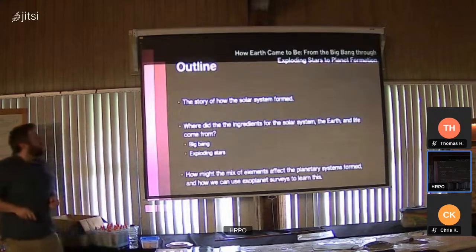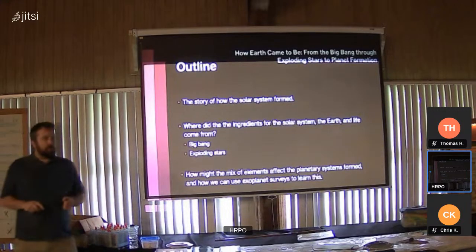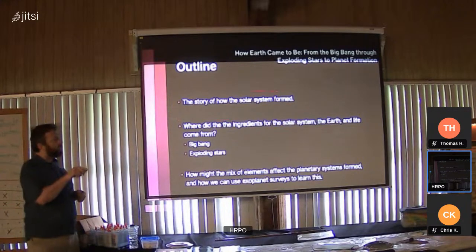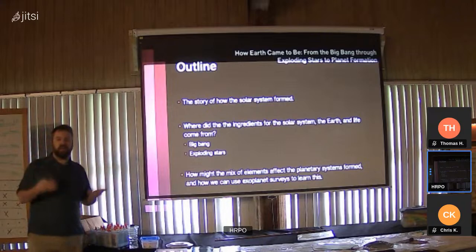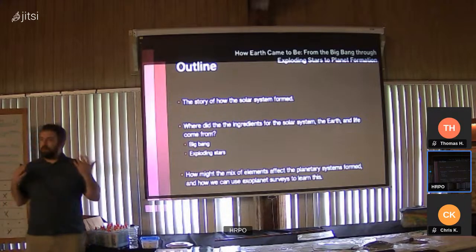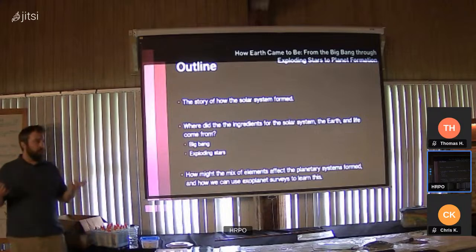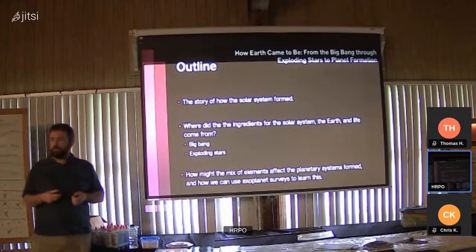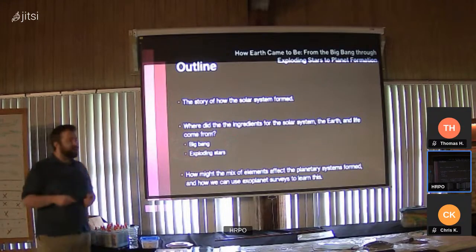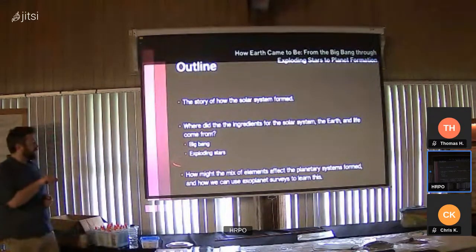So what I'm going to talk about is, we'll start with the understanding of how planetary systems form. Then we'll look into the ingredients, what is necessary for that formation to take place, and where those come from, in particular from the Big Bang and from exploding stars.